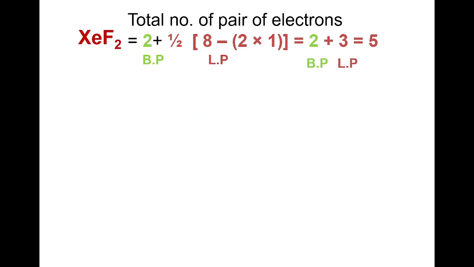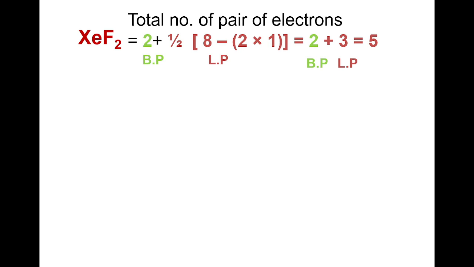Then, if you look at the shape of xenon compounds, take XeF2. In XeF2, 2 is the number of surrounding atoms, fluorine, surrounding xenon. So xenon is the central atom.